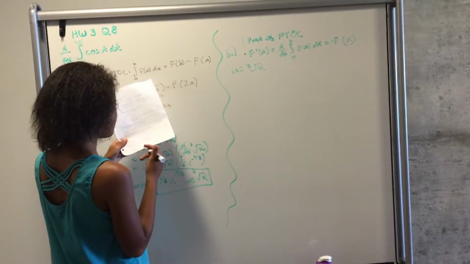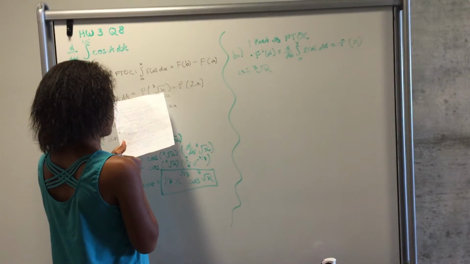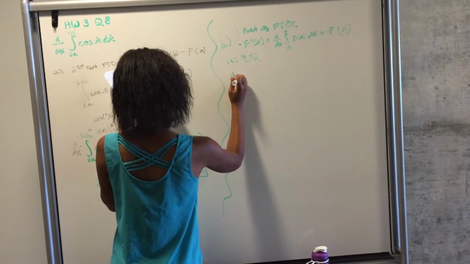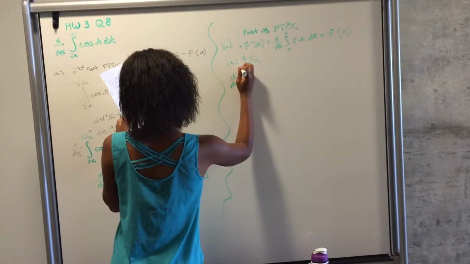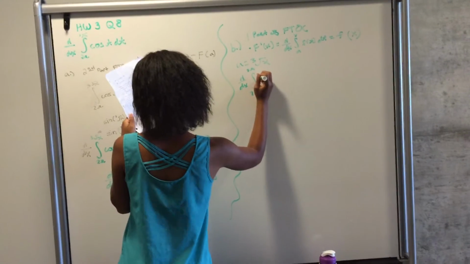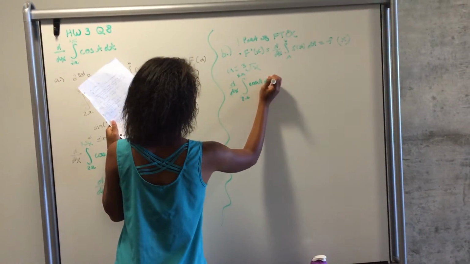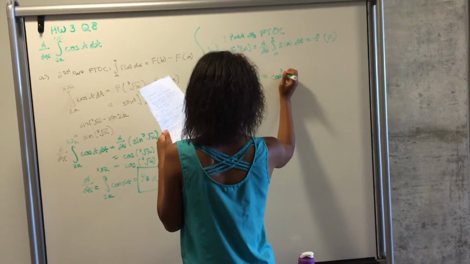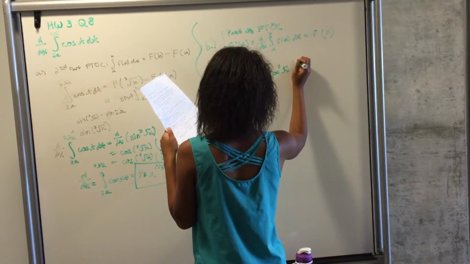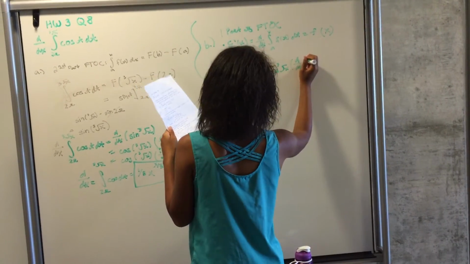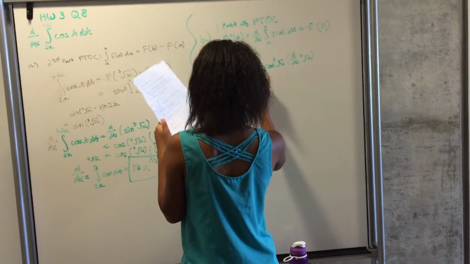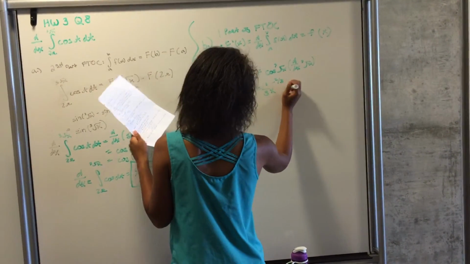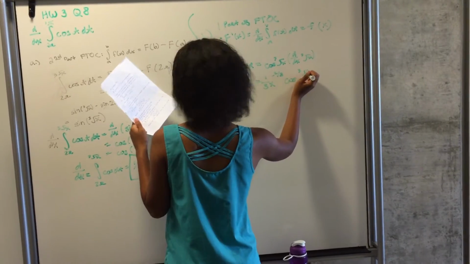So d dx of the integral from 2 pi to third root x of cosine t dt equals cosine of third root x times d dx of third root x, which equals 1/3 x to the negative 2/3 cosine of third root x.